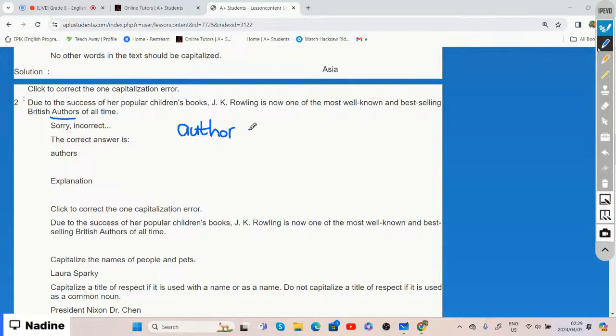Authors is written capitalized, but it needs to be lower case. So authors is correct.